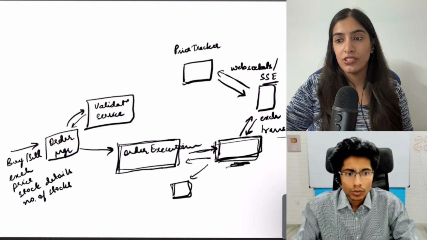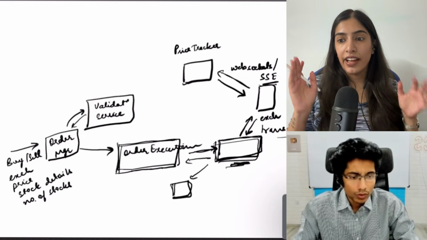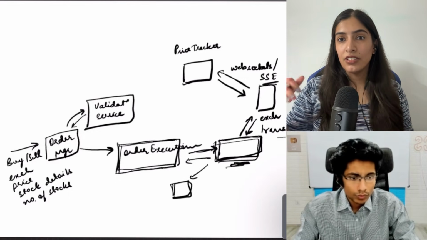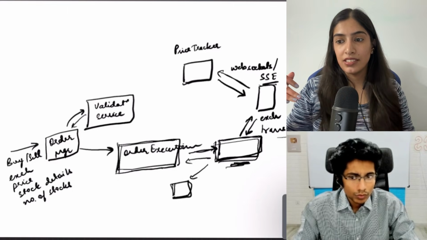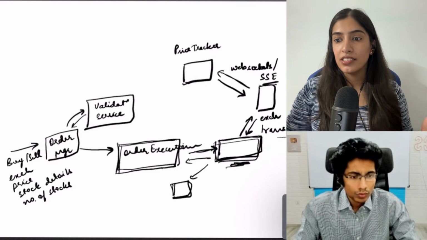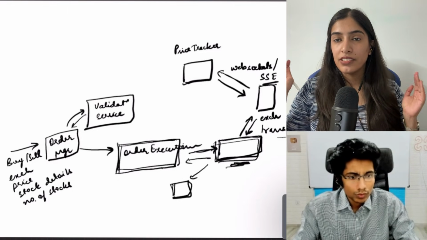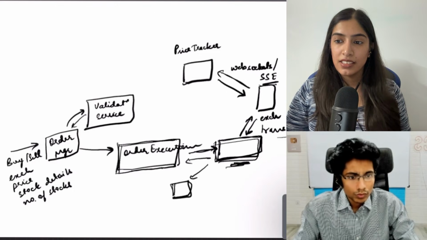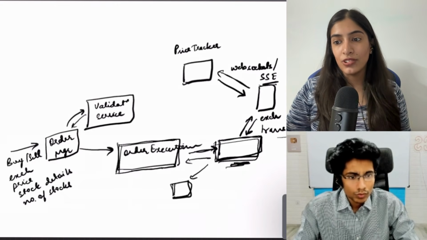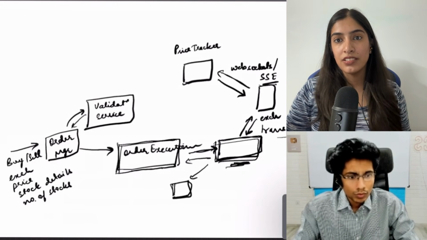I don't think we should risk the service going down because of the DB or cache or anything else. There should be a service that is placing the orders to the exchange. Do you think that's a good enough reason?